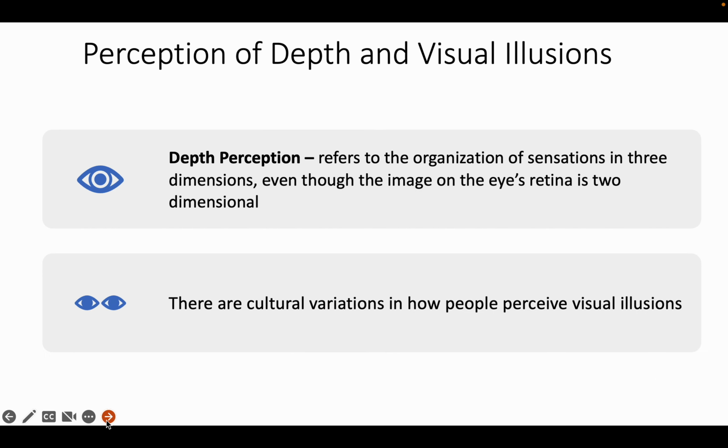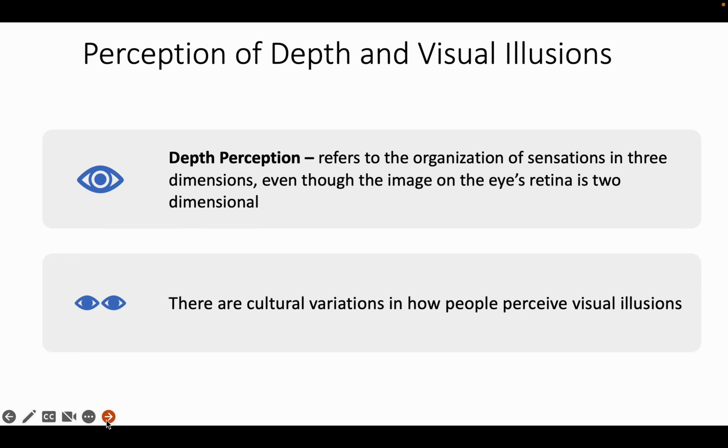There's also cultural variation in visual illusions as well as in our perception of depth. Depth perception refers to the organization of sensations in 3 dimensions, and this happens even though the image on the eye's retina is actually only 2-dimensional.